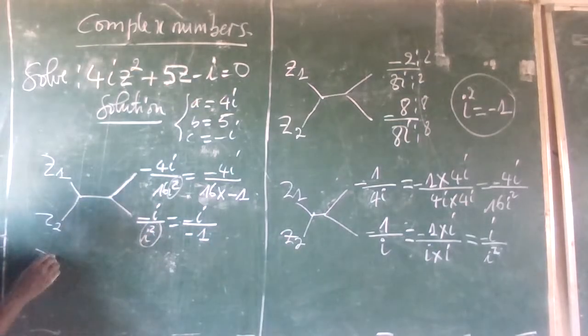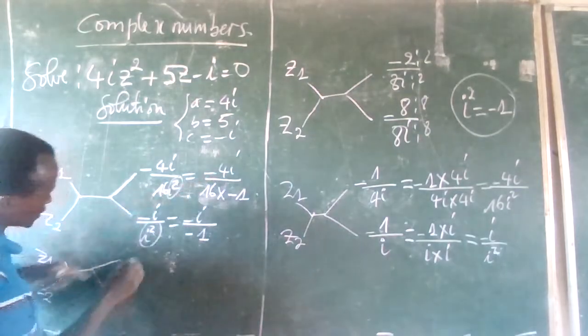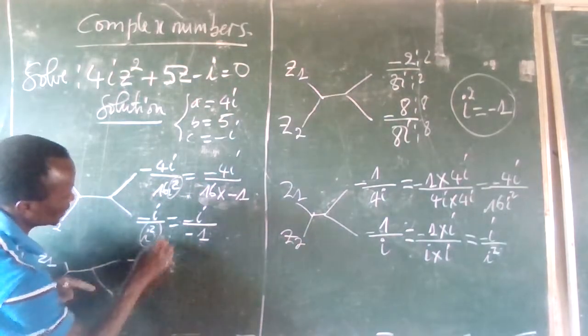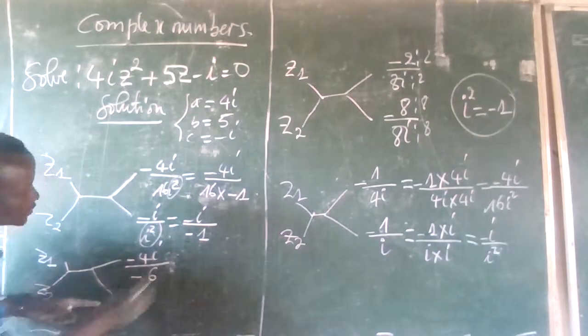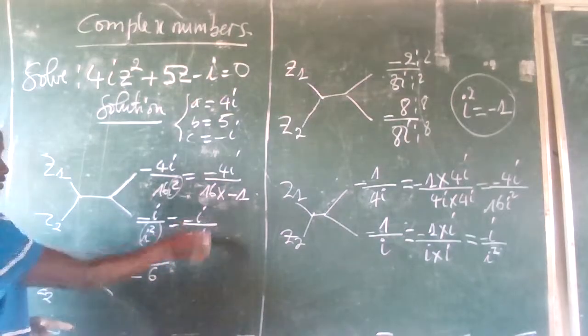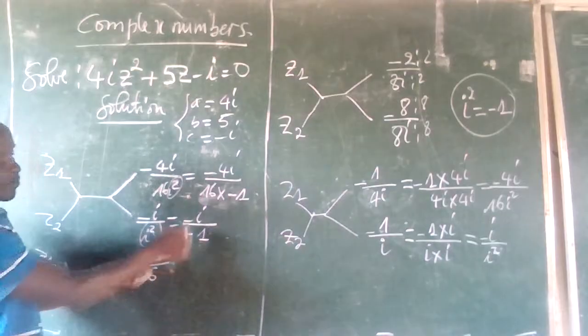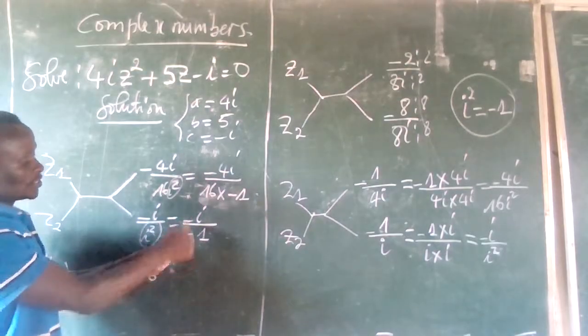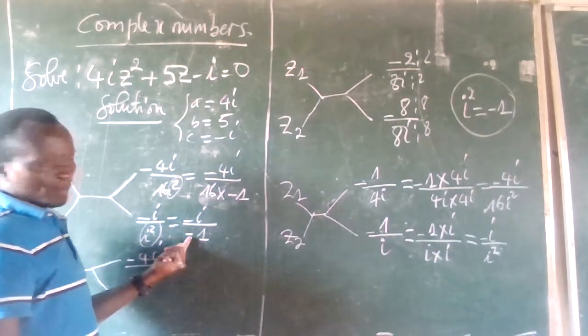Now Z1 and Z2 will be equal, this is minus 4i over minus 16. Also here down we have minus i over minus 1. Now you have to simplify. When we are dividing two similar signs, they become a positive one.